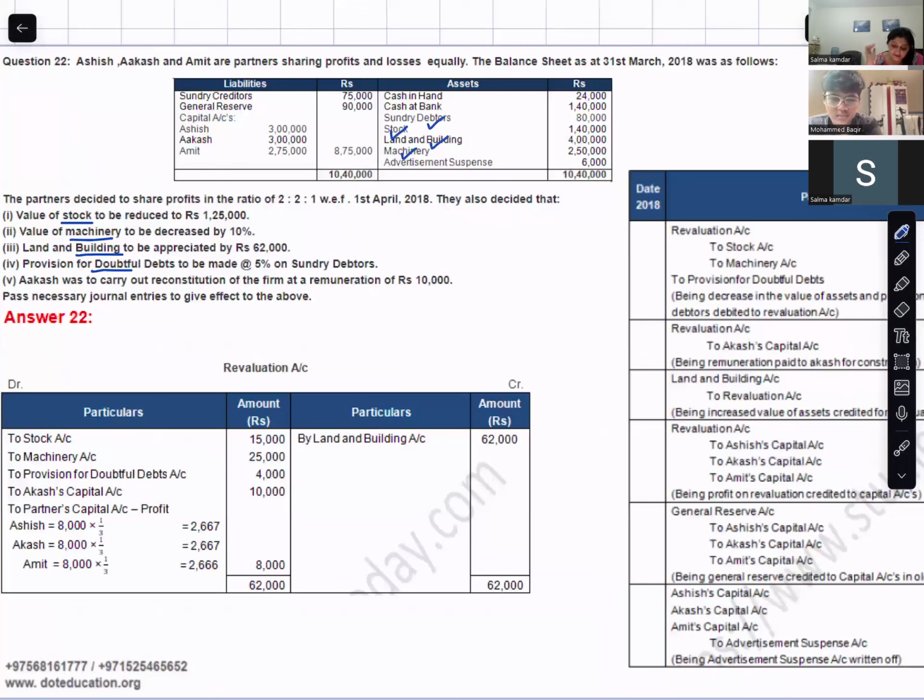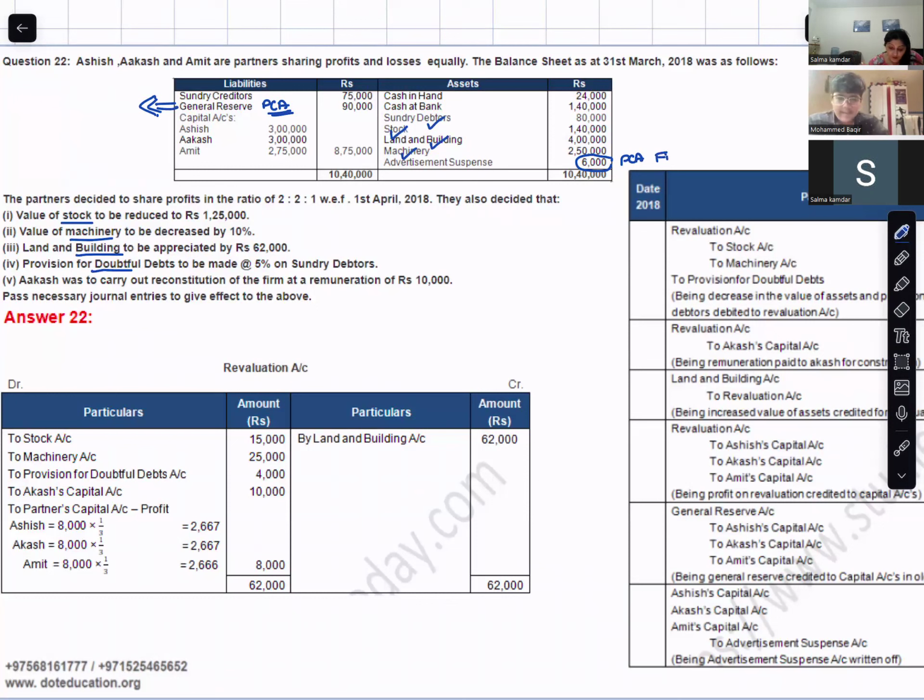Whatever reserves are over here will go to the partners' capital account and it will be finished. We will do step number 2 at that time. Right now, our focus is only the revaluation account.